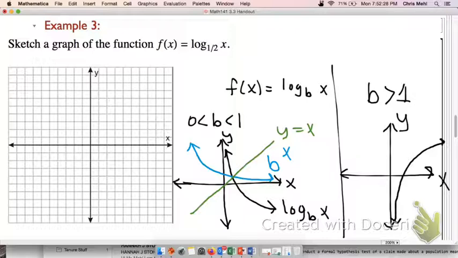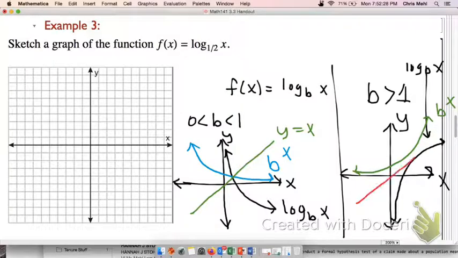So this is the graph of, I'm running out of room here. That's the graph of log base b of x, and that's supposed to be the inverse of an increasing exponential function. So this is probably the graph of b to the x.